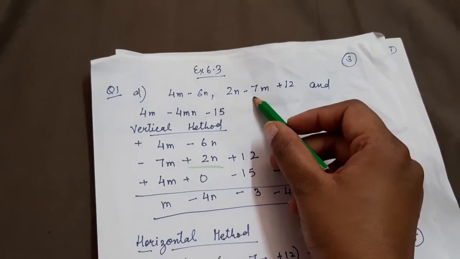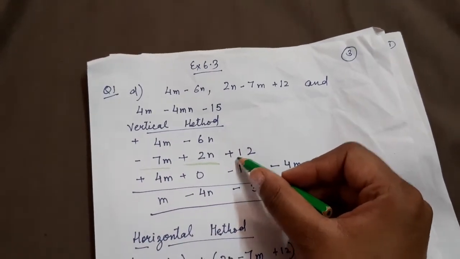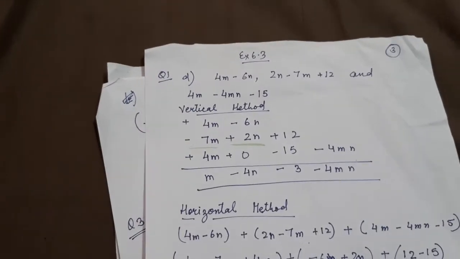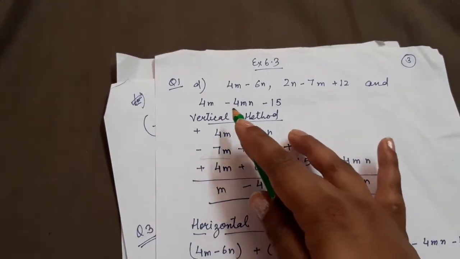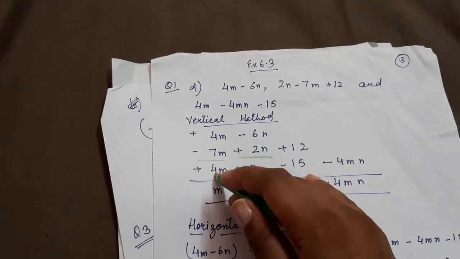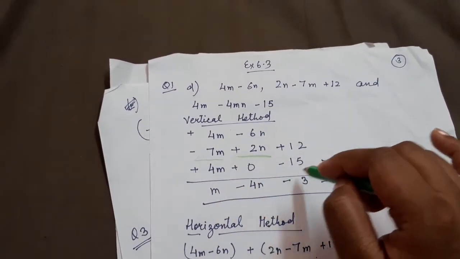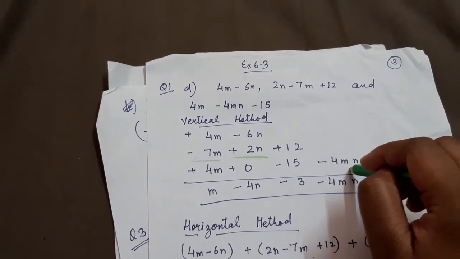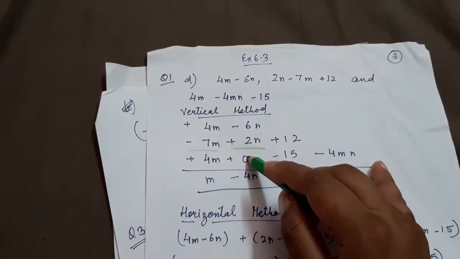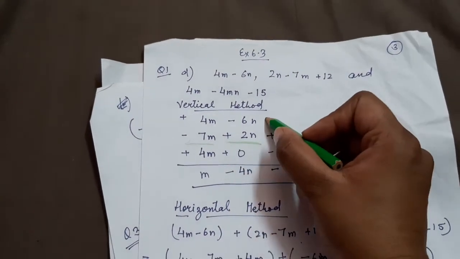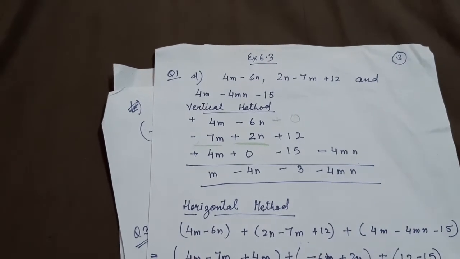Now second is m, we will write it below the m variable, and the constant that is not in the first term, we will write it separately. Now the next term is 4m minus 4mn minus 15. So plus 4m. There is no mn term, so we will write it separately, minus 4mn minus 15. And since there is no n term, we can write a 0 here and we can also write a 0 here, so that it's easier for us to calculate.